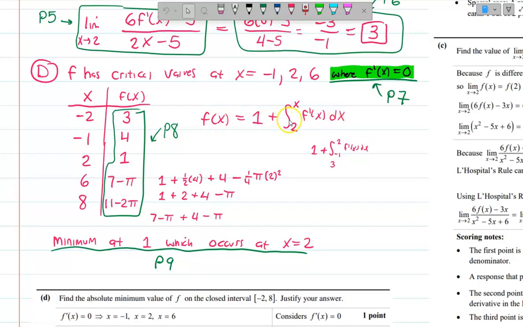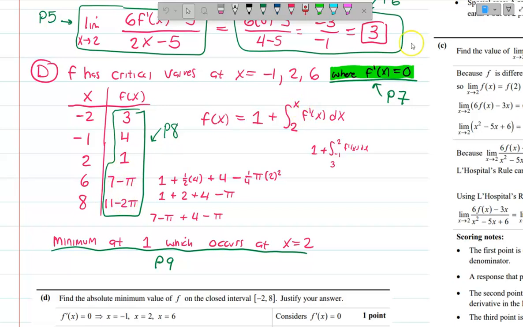Just a reminder that this right here is equal to f of x minus f of 2, and I just kind of move things around to write it in terms of f of x. So now that I have this f of x here, I now can plug in -2 as my upper limit, -1, +2, which again is just 1, +6 and +8.